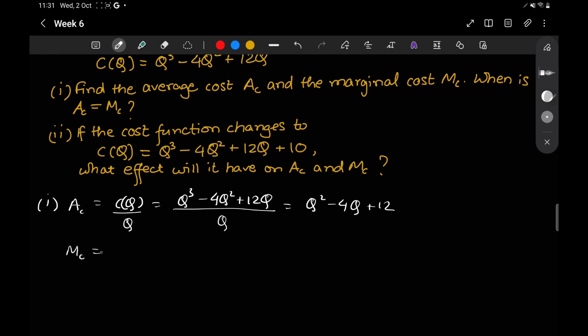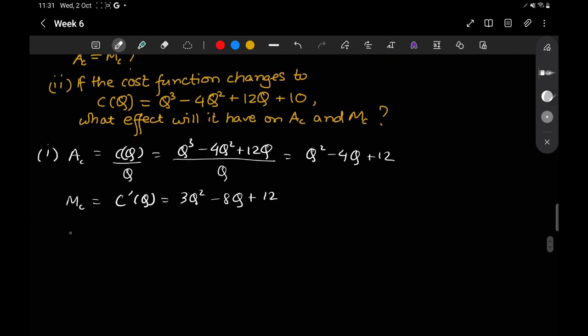The marginal cost is the derivative of the cost function. Now the condition when the average cost equals marginal cost is the following.